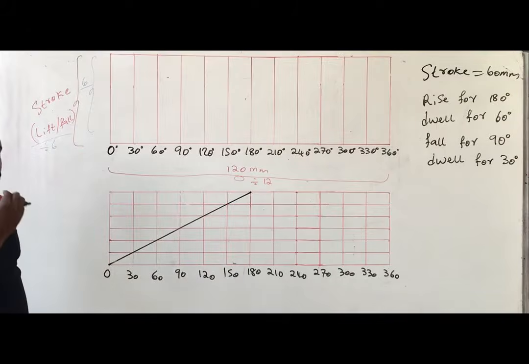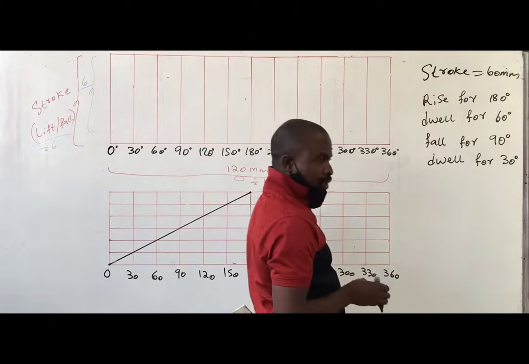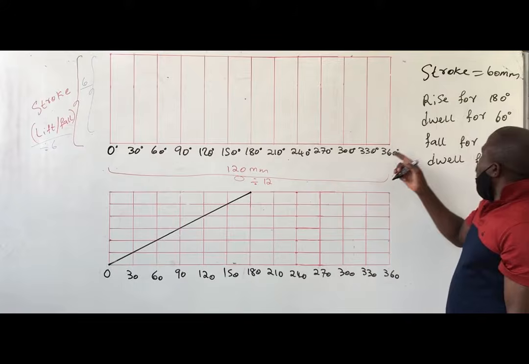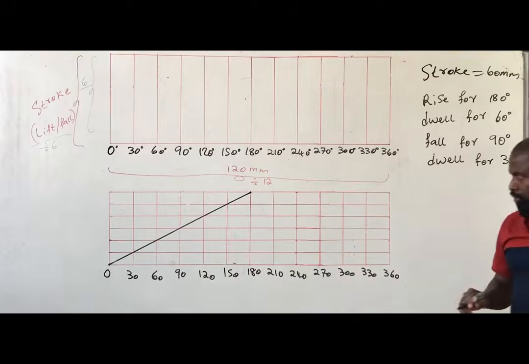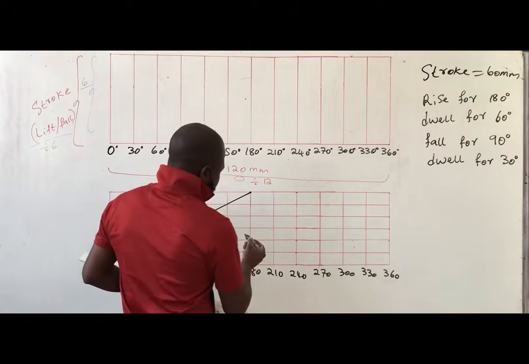That's a straight line when it rises. From there, it says dwell for 60. When it dwells, it does not go up or down, constant. So it dwells for 60.